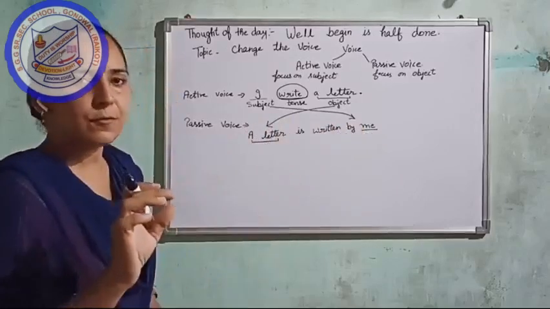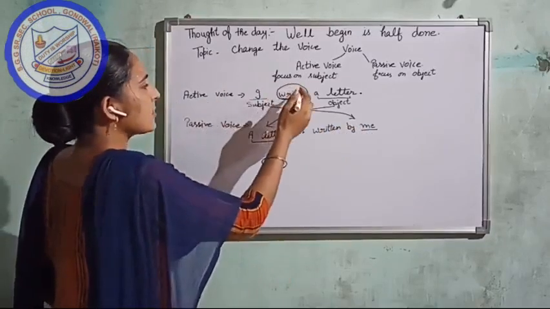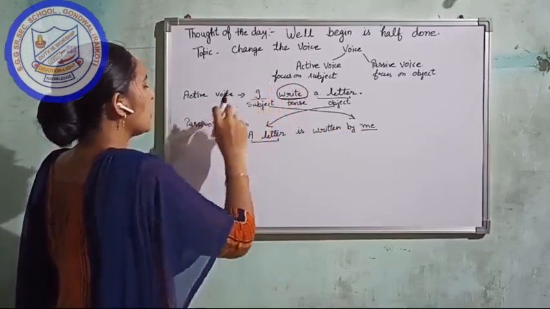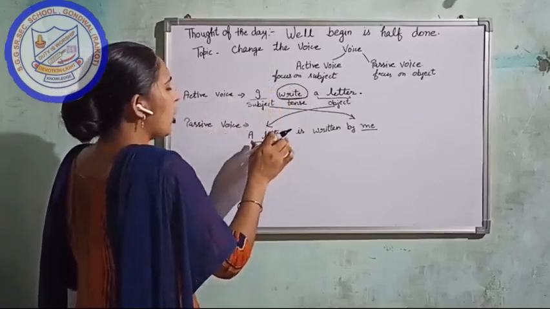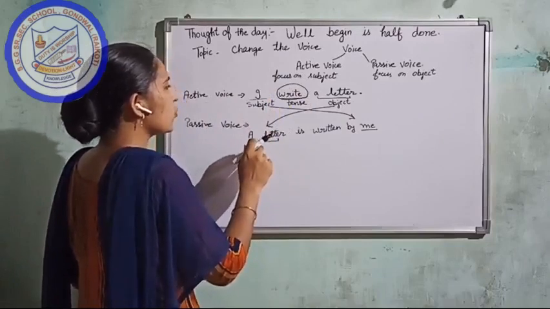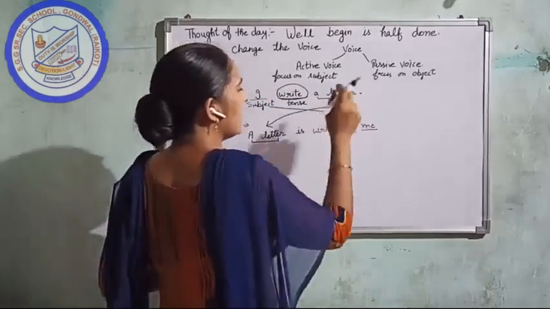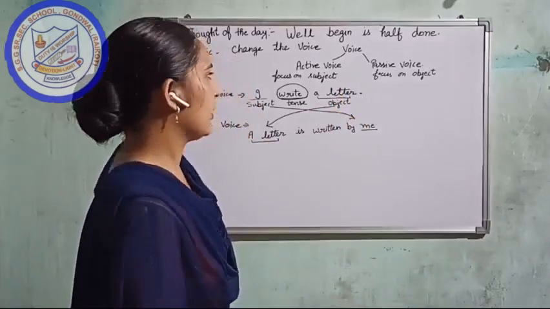So there is a difference. In active voice, the focus is on subject, whereas in passive voice, the focus is on object, which is working as subject in passive voice, what was object in active voice. Have you understood it? Okay.